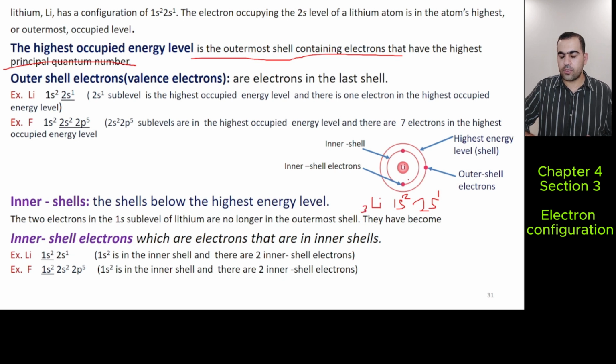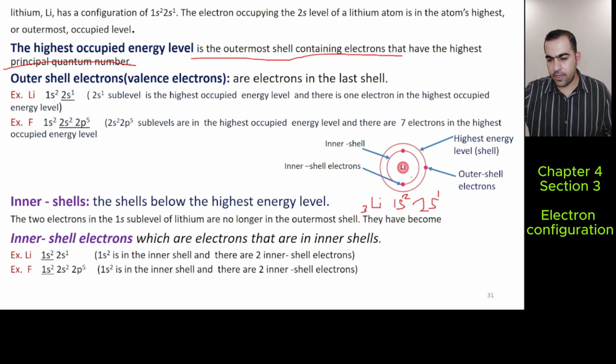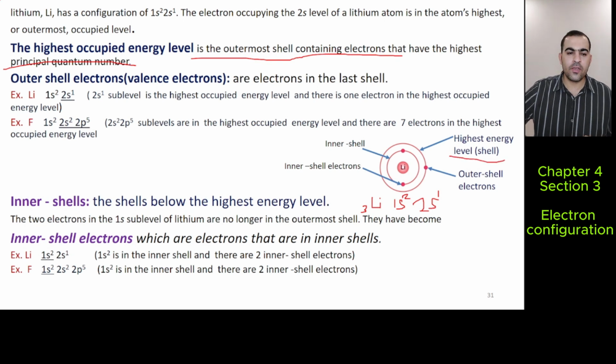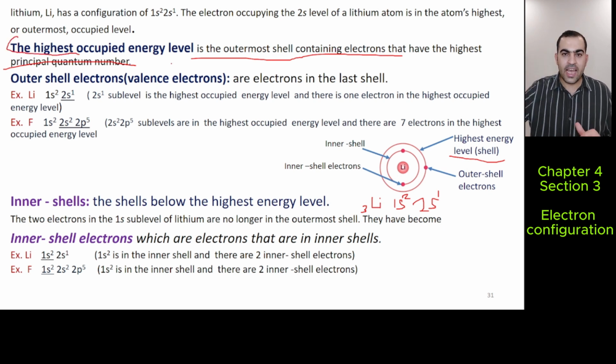If you put electrons in the shells, it will be like that. How many electrons do I have in the last shell? We have only one electron. What do we call the last shell in the atom? We call it the highest energy level shell. Highest occupied energy level is the outermost shell containing electrons that have the highest principal quantum number. n equals 1, n equals what? n equals 2.